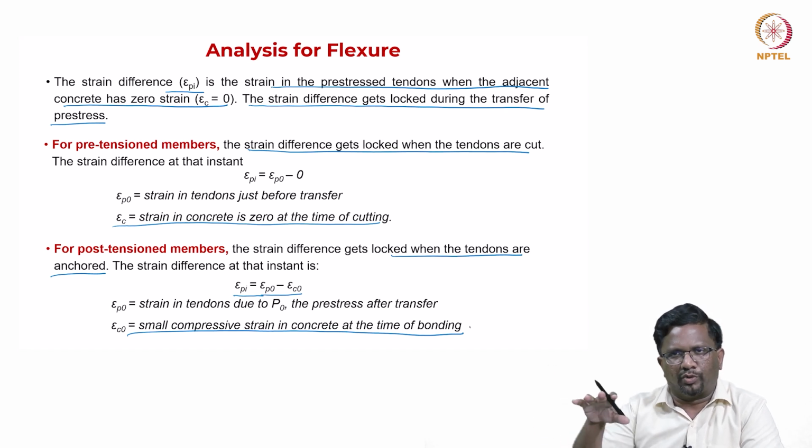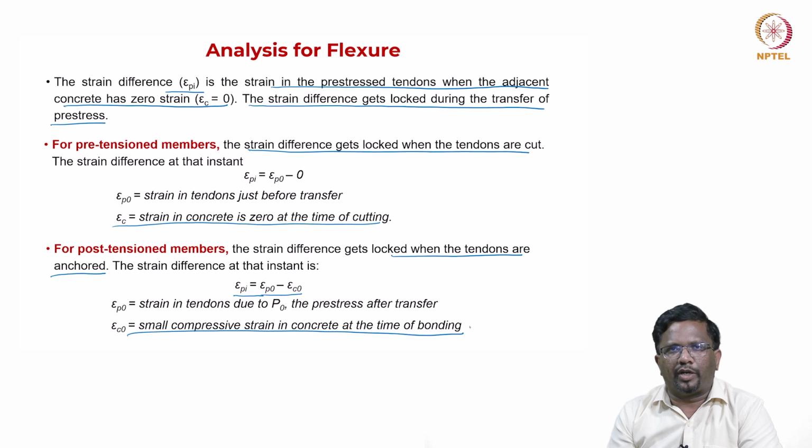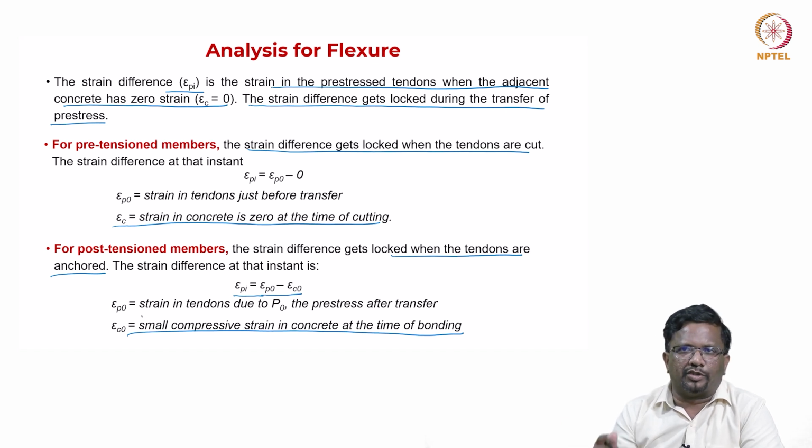At the time of grouting in a bonded system, then only are both of them coming into contact, right. There may be a small strain when you do the grouting process, because at that time some loading would have already happened, right. The member may be subjected to self weight or maybe some nominal amount of superimposed loads, right. Because of that, an epsilon c naught has to be included in the case of a post-tension member.